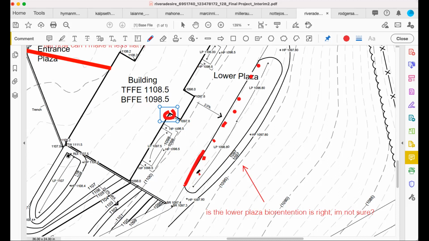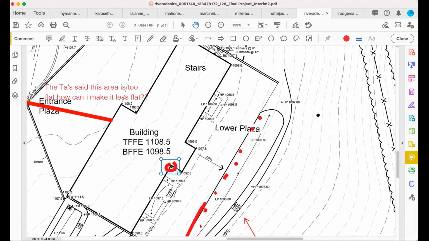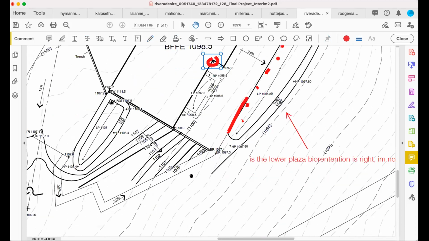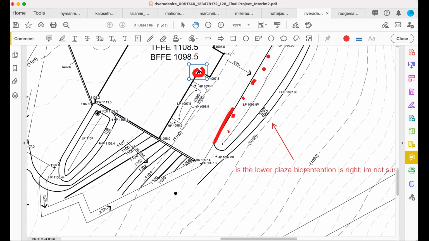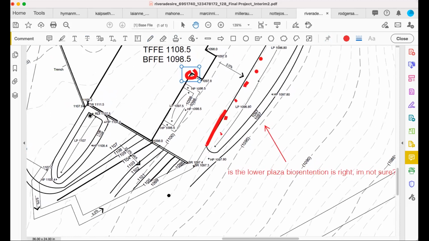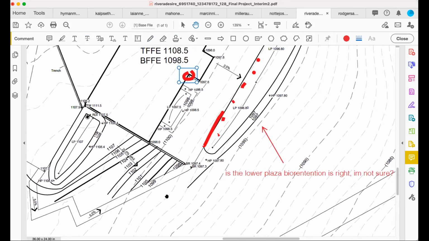I think we are having, is the 98 along your edge? So this, oh, that's the ramp, sorry. So 98 is over here. I think we're missing a 97 contour. Or is it, yeah, it's connected to the wrong contour. Oh, okay. Yeah. So that needs to be this one.